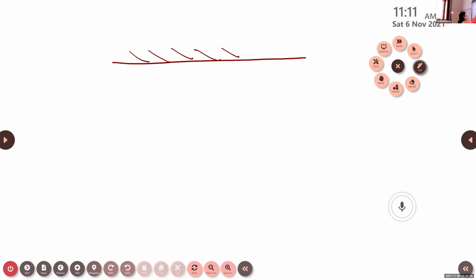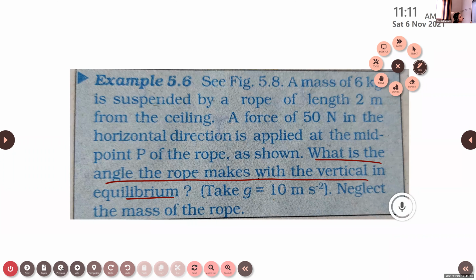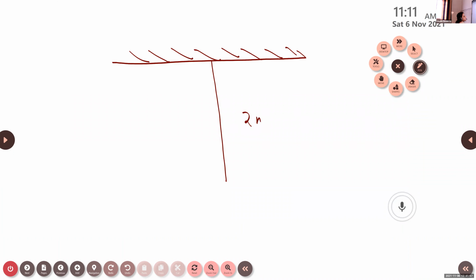What about the length of the rope? The length of the rope is given in the question. A rope of length 2 meter is suspended from a ceiling. So 2 meter is the length of the rope.